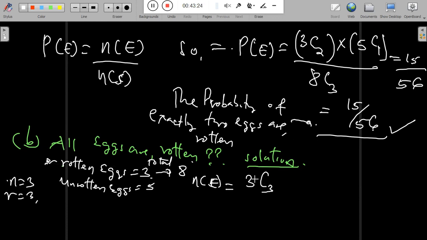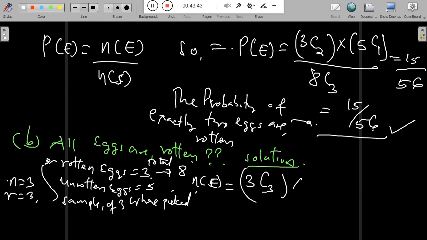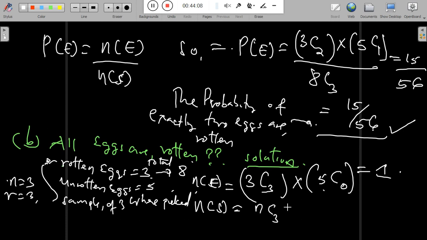It will be 3 combination 3, since n is equal to 3 and r is equal to 3. Then we times 5 combination 0. So we put brackets, then times 5 combination 0, since we are not dealing with the eggs which were unrotten. We need those 3 eggs that were all rotten.